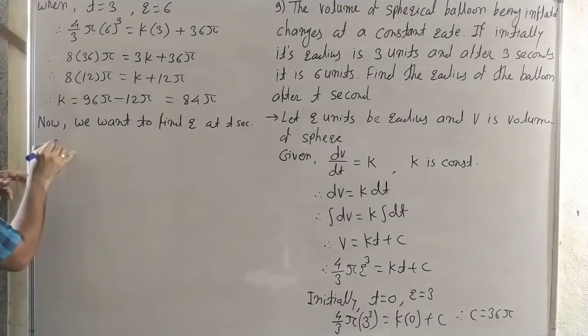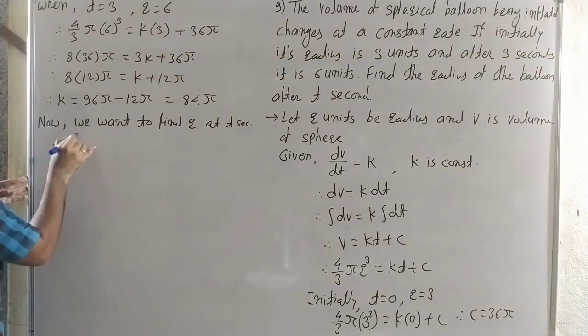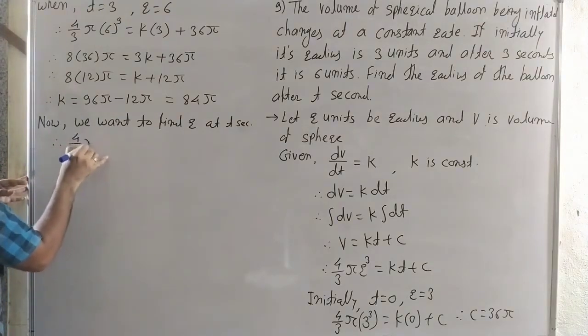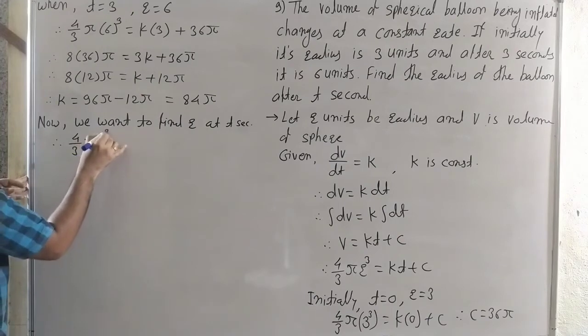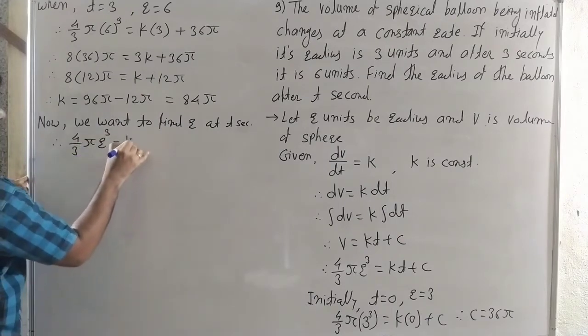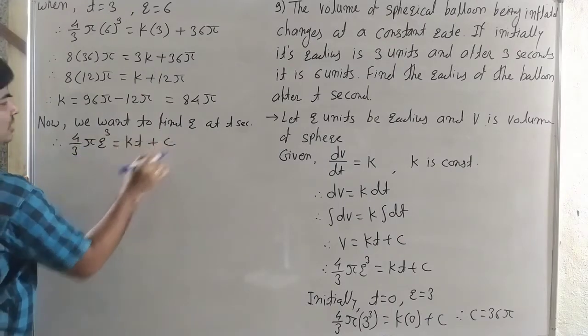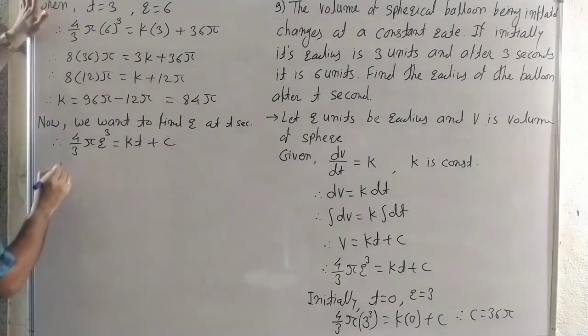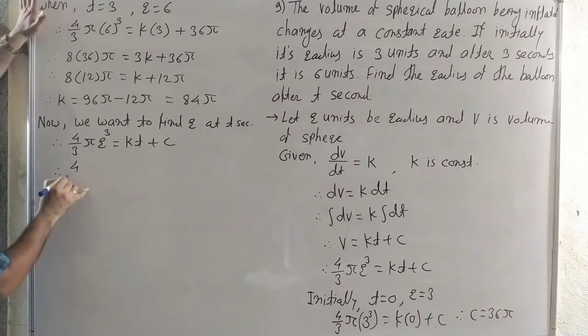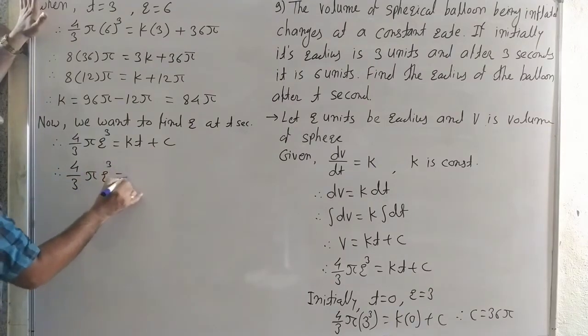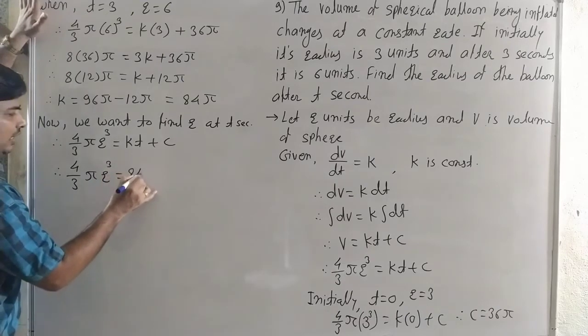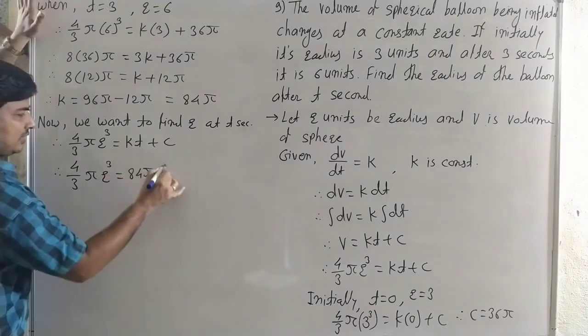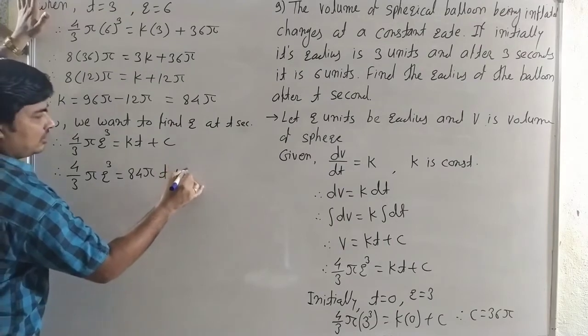And therefore our equation, it is 4 by 3 pi r cube is equal to kt plus c. The value of k, it is 84 pi, value of c, it is 36 pi. Therefore take the calculation. 4 by 3 pi r cube is equal to 84 pi t plus 36 pi.